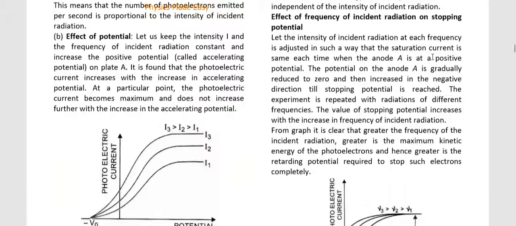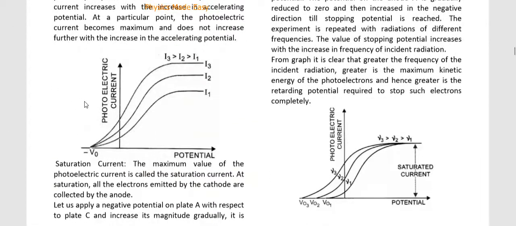Now, last time I have taught you the concept of stopping potential. Now, effect of potential. Potential of anode is made negative with respect to the cathode, and we keep on making it less negative and then positive.